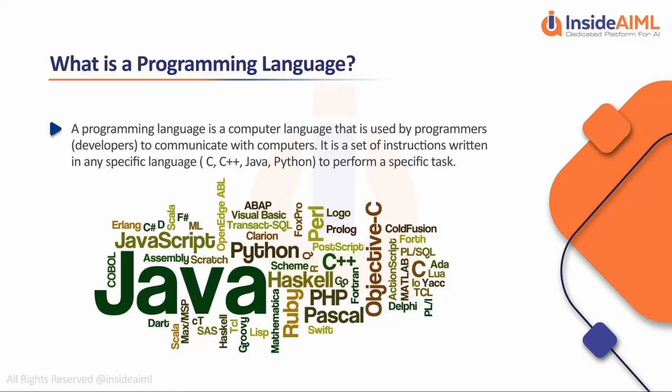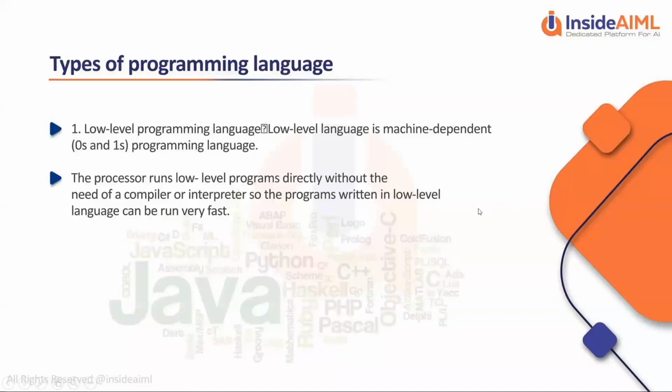Every day you'll see a new programming language coming up. These programming languages are just a way to communicate with your computer. Now, there are different types of programming languages.